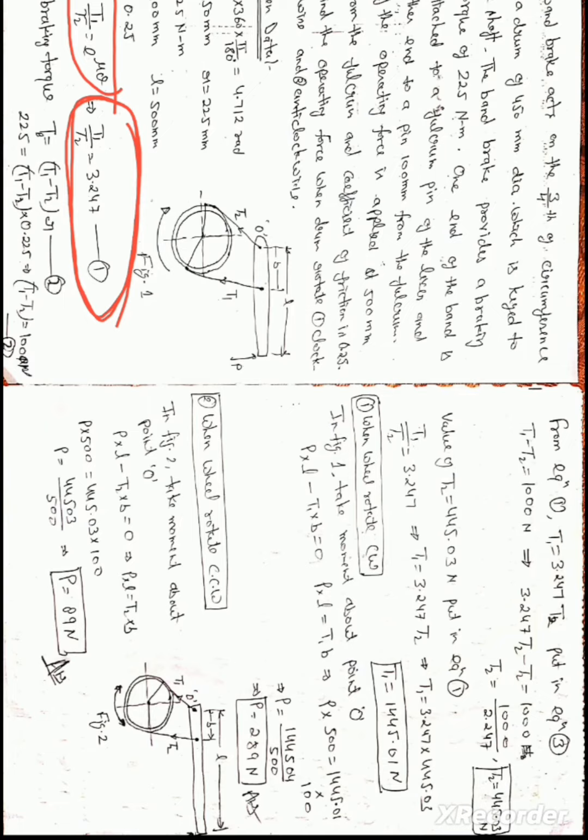And next consideration is the determination of braking torque. So braking torque T equals T1 minus T2 into R, where R is the radius of the drum.